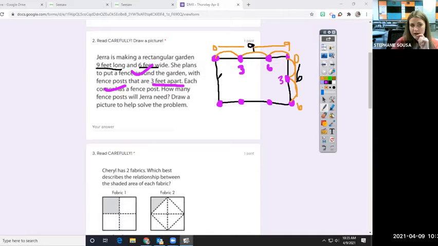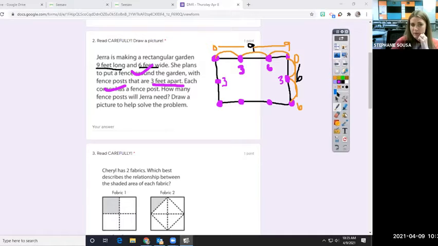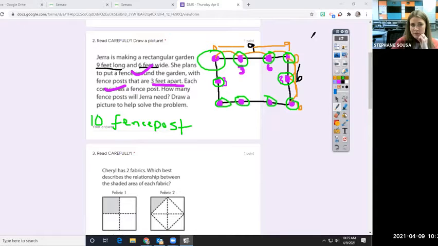So we're going to add a fence post in the middle on the right side, and then because it's a rectangle, we're going to do the same on the left side. And now we're going to count them up. We have 1, 2, 3, 4, 5, 6, 7, 8, 9, 10. 10 fence posts will be needed in order to finish this fence that Jara wants to build.